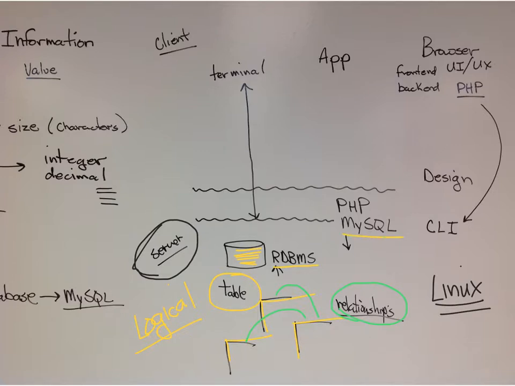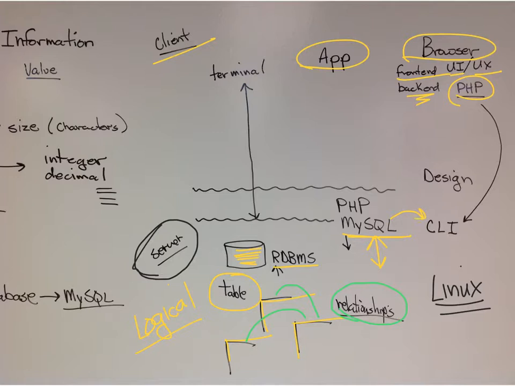We use MySQL to put data in and get data out. We can use some type of client end. We can have some type of app. We can have a browser with a user interface, user experience. That would be the front end. And then on the back end, we can use PHP to access the data from the database.